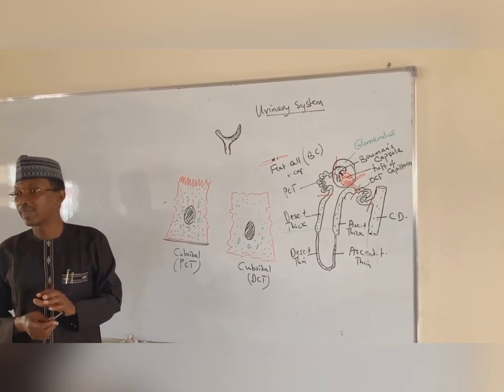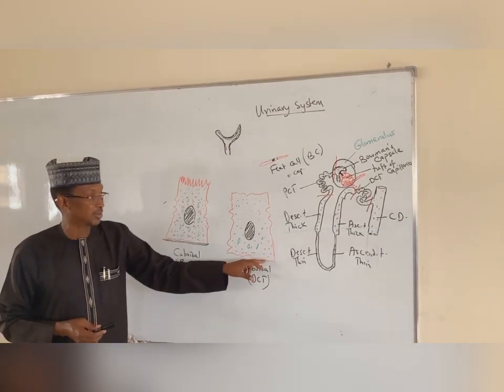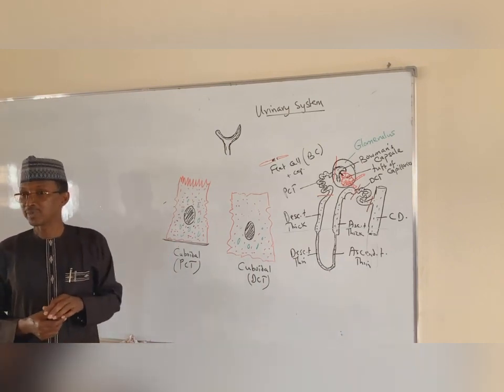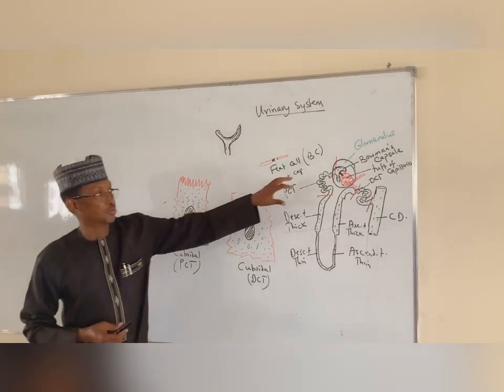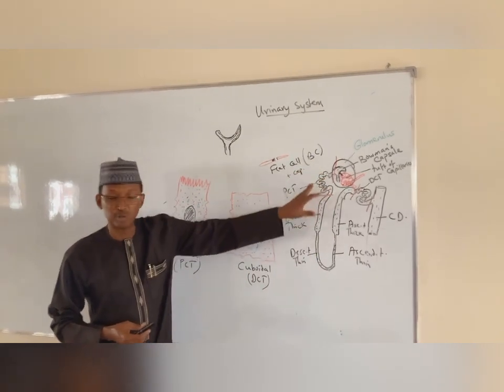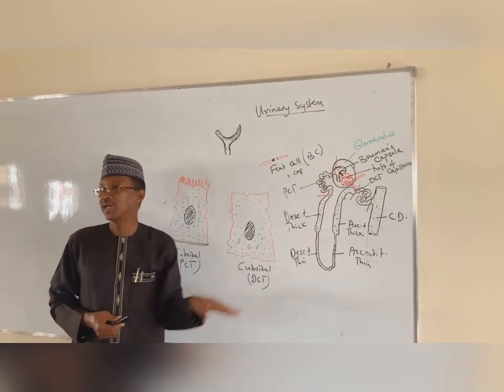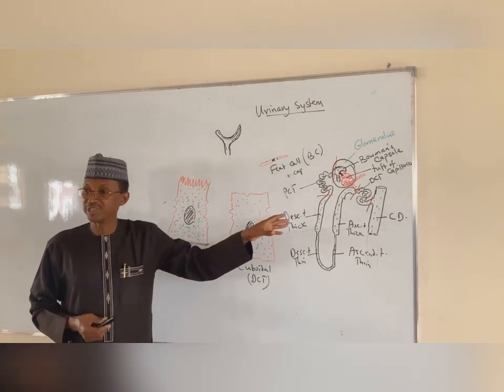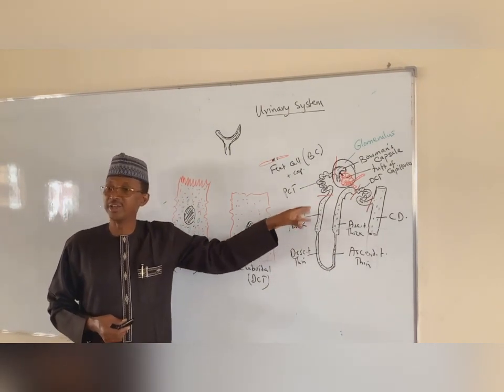Are you clear? Good. It also rests on the basement membrane similar to this. So all of this part of the tubule is made up of this cuboidal epithelium, a single layer lying on the basement membrane. But these are the differences.